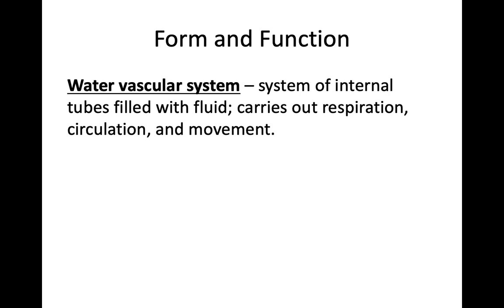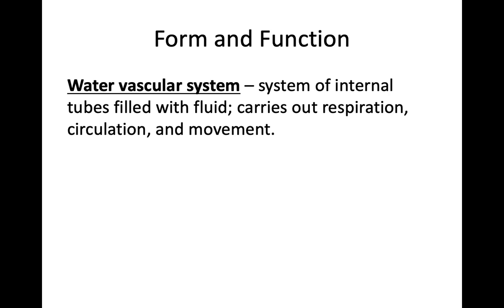Okay, and this system will carry out a lot of essential body functions like respiration, so being able to exchange gases, being able to circulate materials throughout the body, and also movement, so just locomotion, crawling along the floor of the ocean, for example. This water vascular system is responsible for that ability.